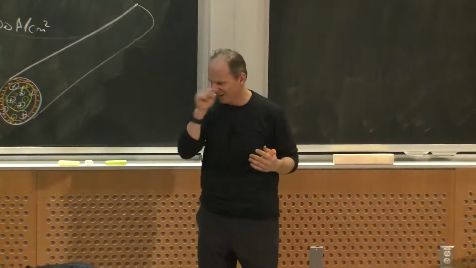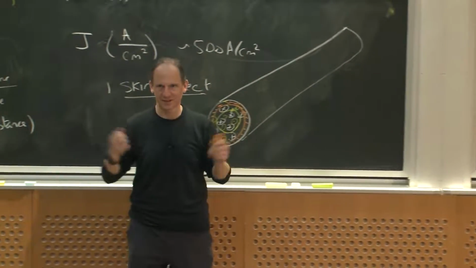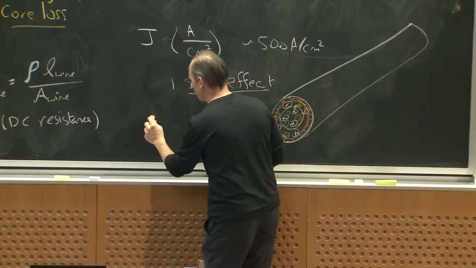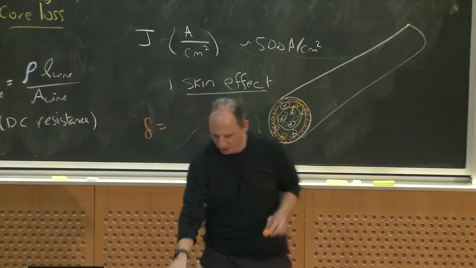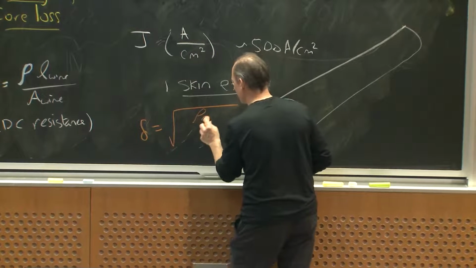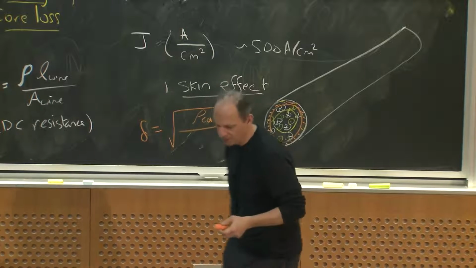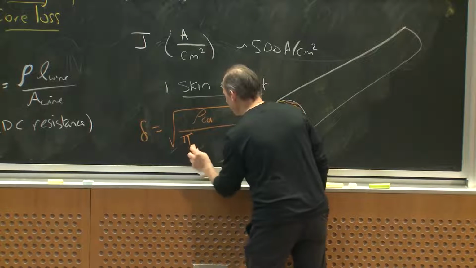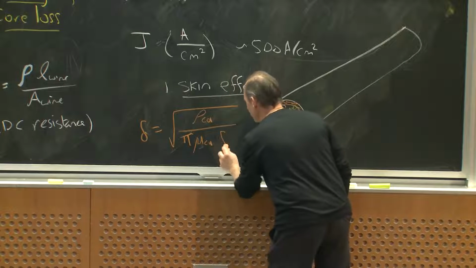I said that's at high frequency and low frequency. What do I mean by that? There's something called the skin depth, which falls out of this analysis, and the formula for skin depth, written as delta, is equal to the square root of the conductivity, in this case of the copper, divided by pi times the permeability, in this case of the copper, and the frequency.